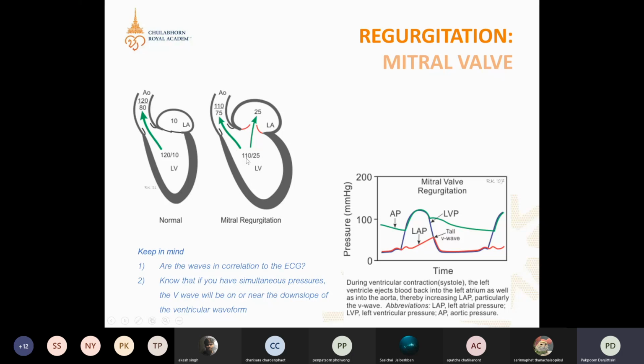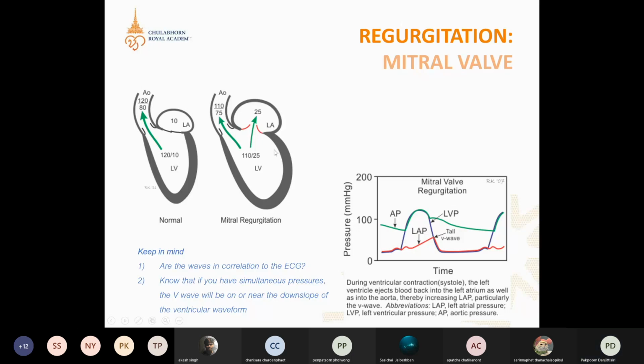So the systolic pressure will be equal to the aortic pressure, but you will see it a bit lower than in the normal patient, because of the Frank-Starling law, because of the LV volume during the systolic phase. The blood goes back into the LA, so not the whole blood will be pumped out into the aorta.